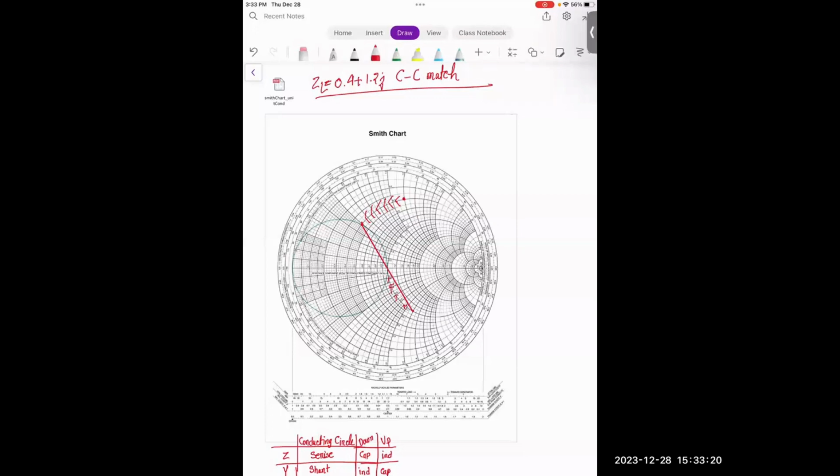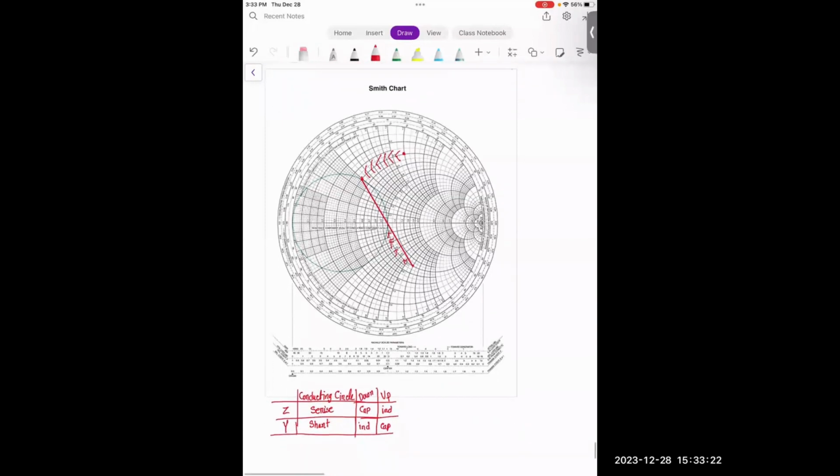So how are we going to know that this is the CC? We're going to see our chart. When it is series, we have to go down to hit the conducting circle.